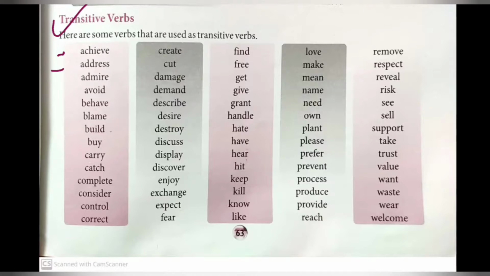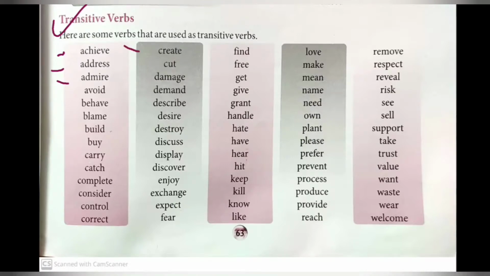So here me is the object. Admire. Everyone admires the right person. So here the person is the object. So transitive verbs require an object.